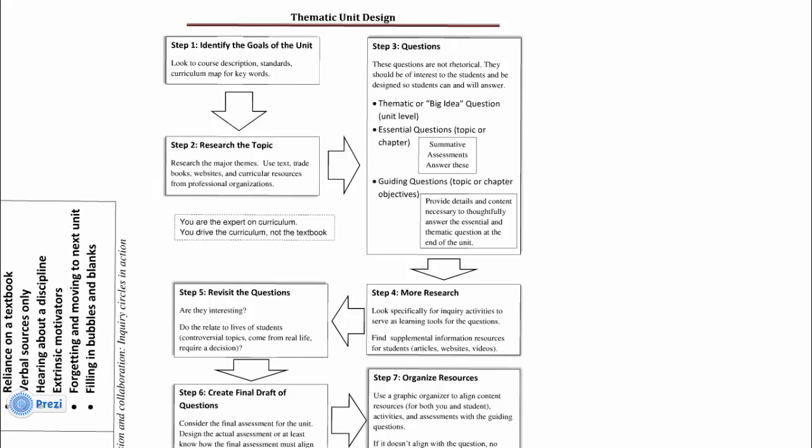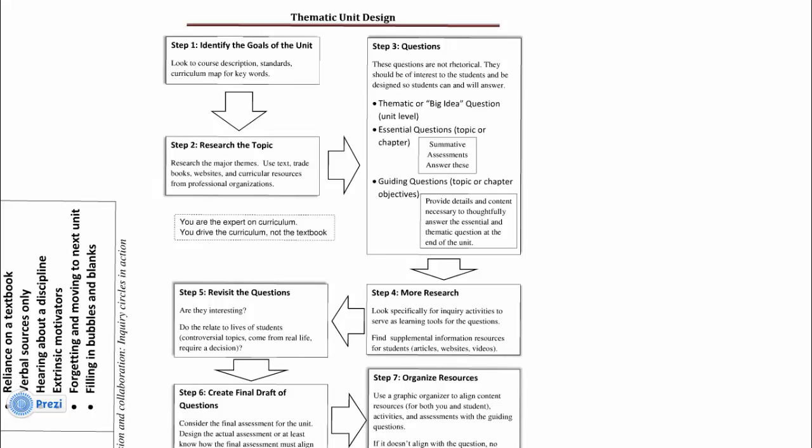I start with that unit level question, and then from there I break that down into essential questions or topic questions, and these are similar in size to maybe a chapter in a textbook. The summative assessments I use answer these questions, and often they answer those exact questions.